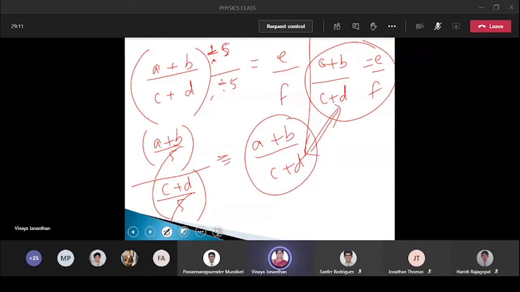Dividing the numerator by the same quantity and the denominator by the same quantity is not going to affect the equation at all. It is only for simplification you are doing it. You're simplifying, but at the same time the expression should not be affected.